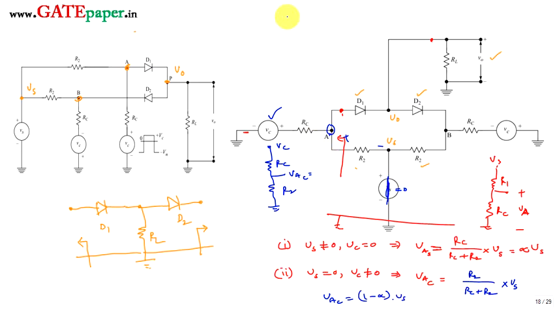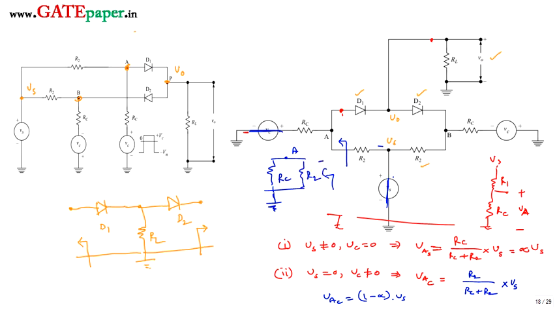And the third point is the equivalent resistance. While calculating equivalent resistance, we must have both the voltages grounded. So both voltages are going to be grounded. Then you are looking into node A. This is node A, and A is going to be connected to ground through Rc as well as through R2.